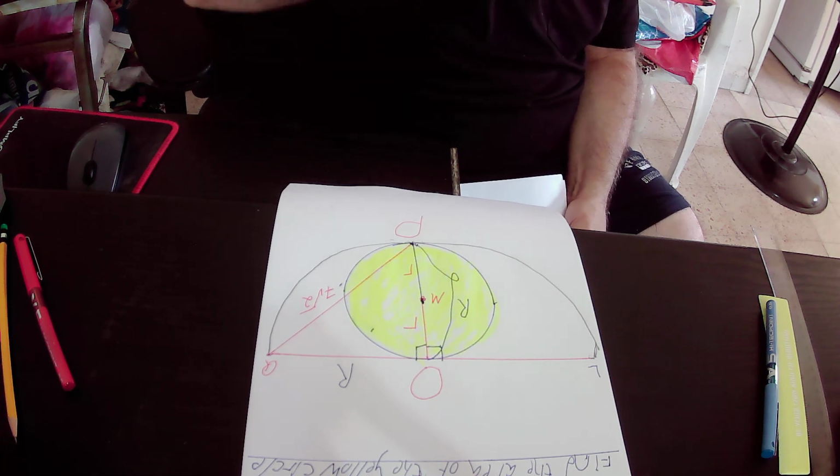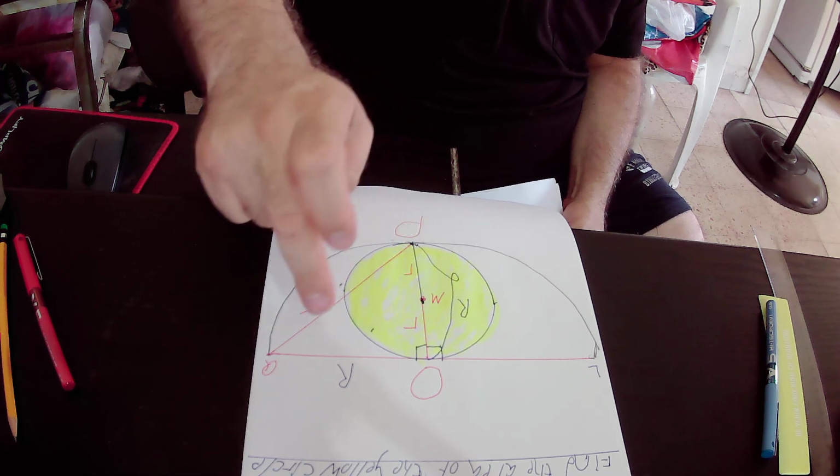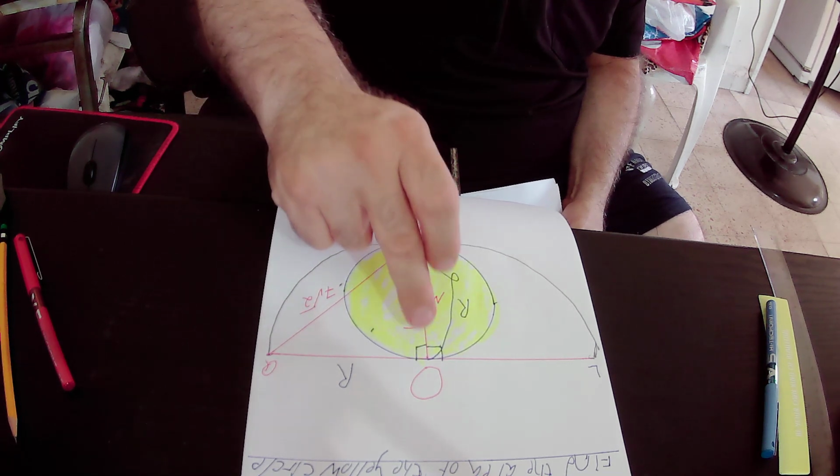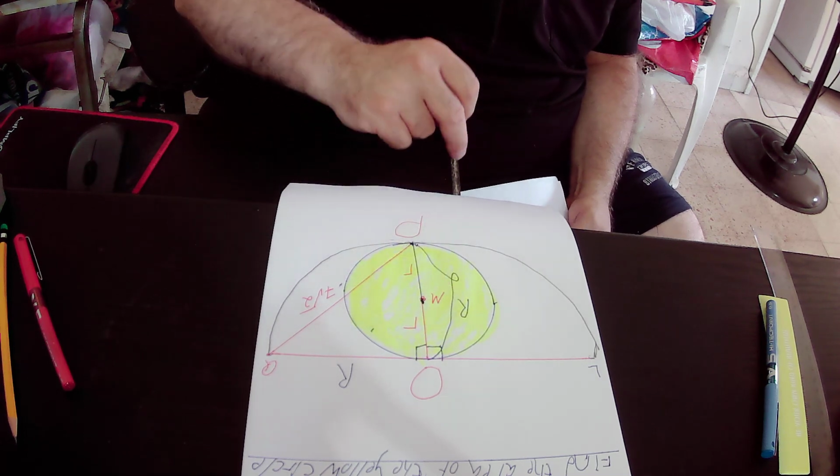So actually, we have here a right triangle. POQ is a right triangle because angle POQ equals 90 degrees.